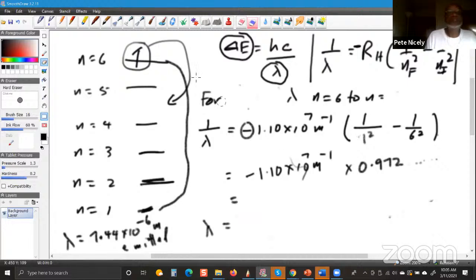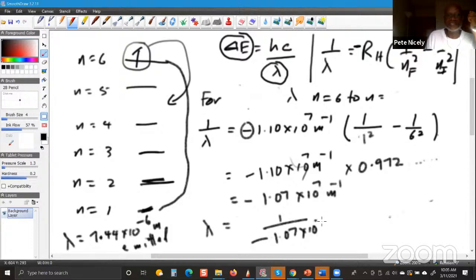Okay, so back to my pencil function here. Let me do this now. 0.97222 times 1.10 times 10 to the 7 equals, so I got here minus 1.07 times 10 to the 7 meters to the minus 1, which means that lambda is 1 over that. 1 over minus 1.07 times 10 to the 7 meters to the minus 1.